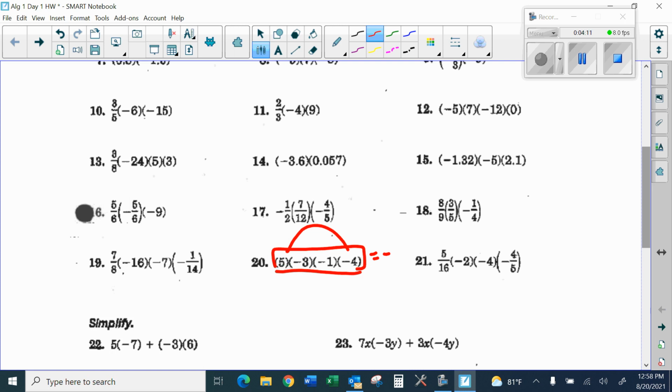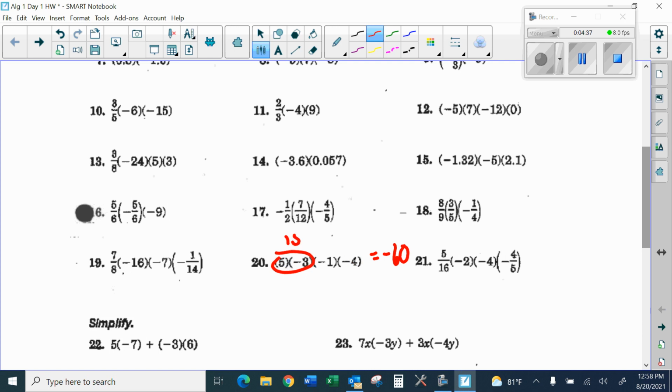Now I can ignore the signs and just multiply the numbers. You might say, okay, 4 times 5 is 20. So now I've done those two. And 3 times 1 is 3. 20 times 3 is 60. That would be simpler than just multiplying across, because I already have my sign, negative.